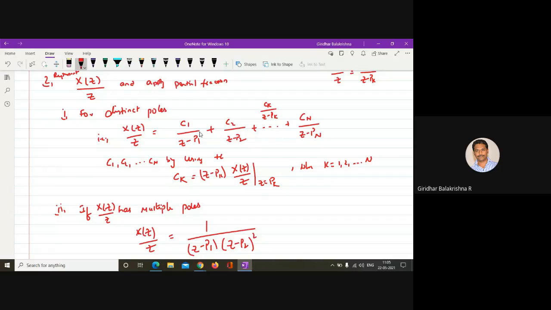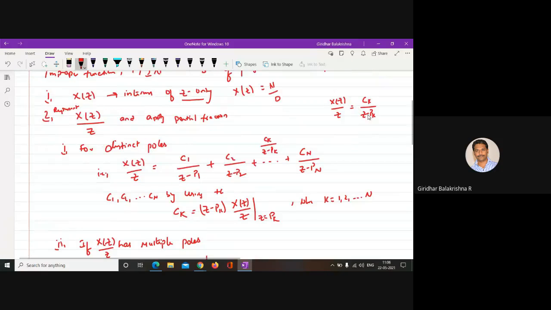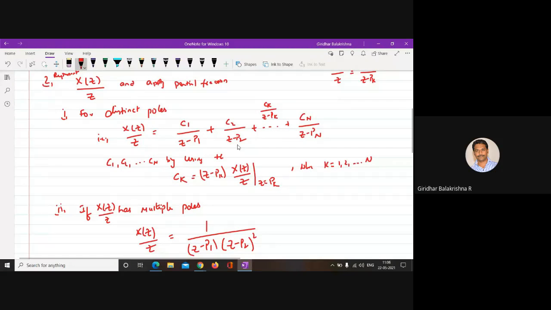In that case, to calculate the constants c1, c2, so on cn, we need to use the formula ck equals z minus pk into X of z by z at z equal to pk, where k varies from 1 to n. By using this formula, we can calculate all the values of c1, c2, so on cn if the poles are distinct.